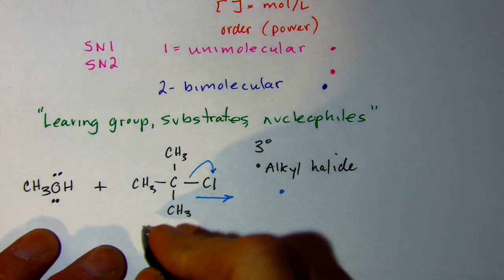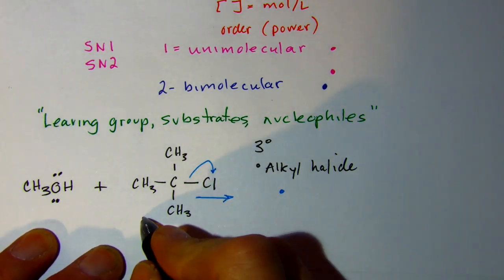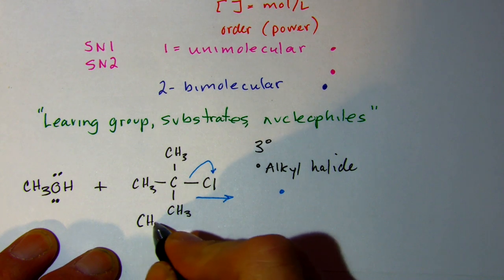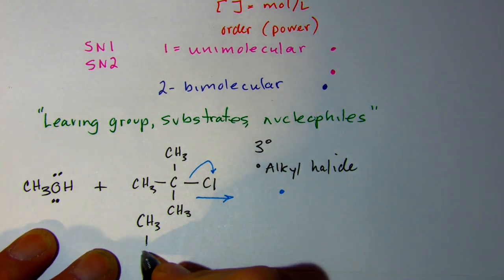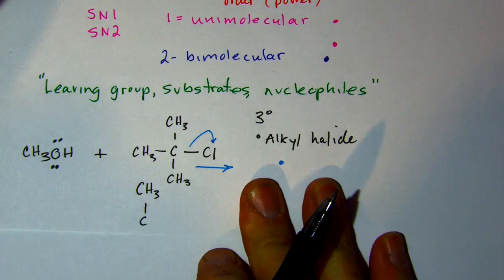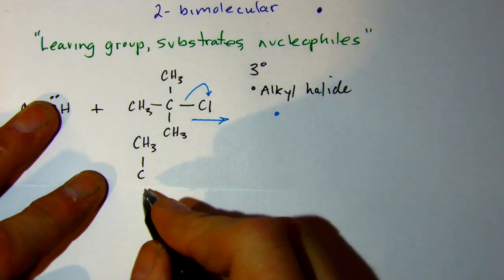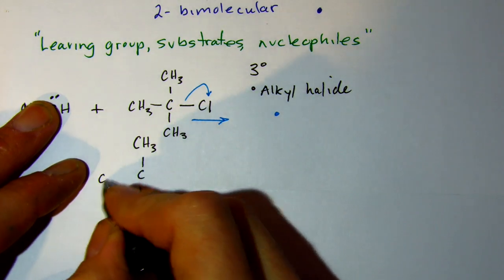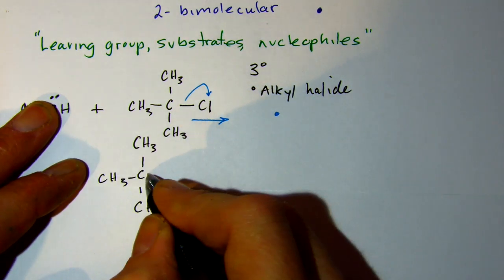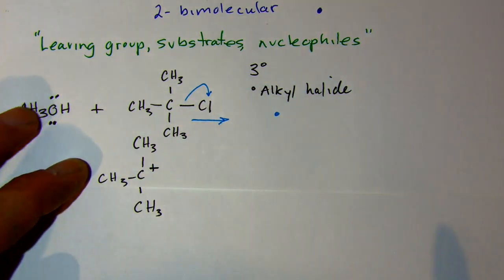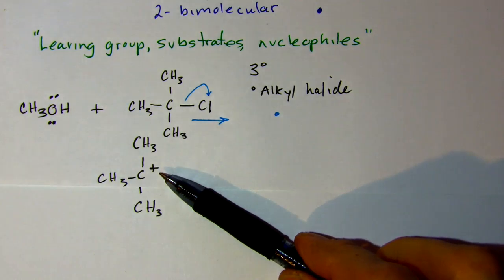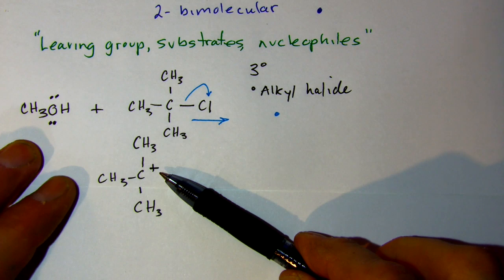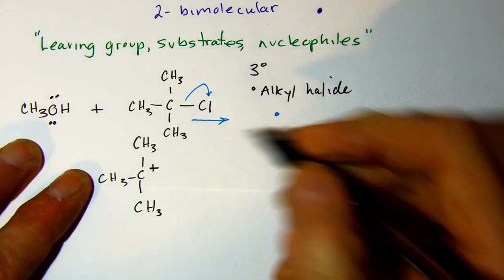Now what happens is, I'm going to draw this. Let's draw this a little more carefully. We're not going to get too much into it, but now you have that positive right there. And that's called a carbocation, right? Carbon cation. Cations are positive, right?